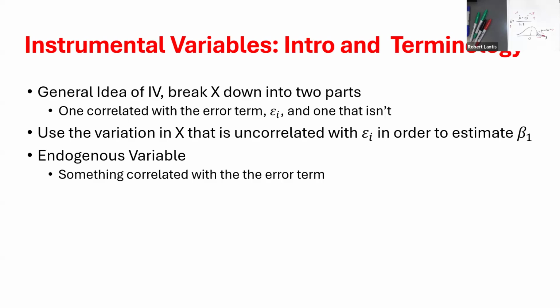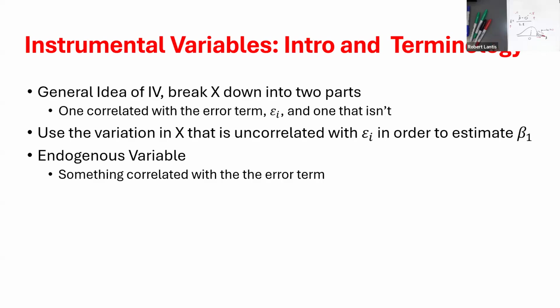So if we go back to that all mortality example, and I'm looking instead at the impact on traffic fatalities of the average alcohol consumption of a state, I know what's definitely going to change alcohol consumption: the beer tax.